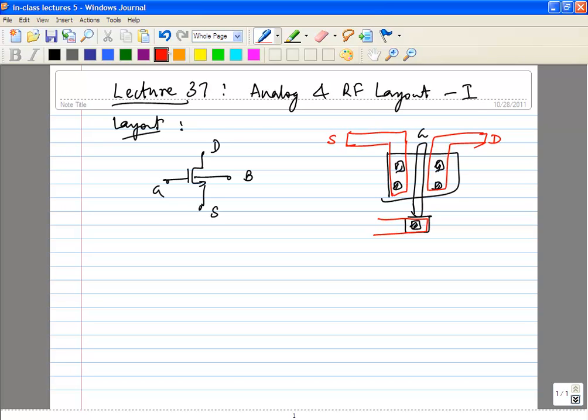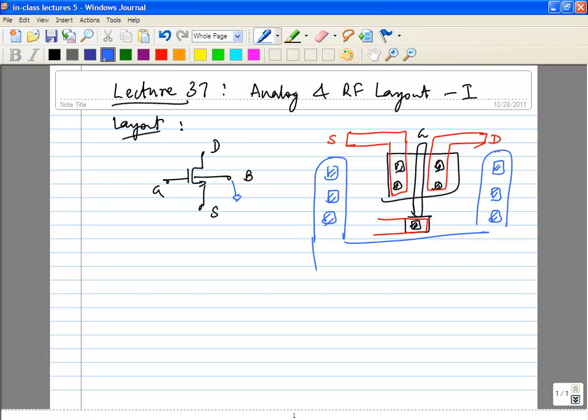Okay, how about the bulk? The bulk is the surrounding area. Typically your bulk, for an NMOS, is connected to ground. So what you need to do is put in contacts and connect it physically to ground.